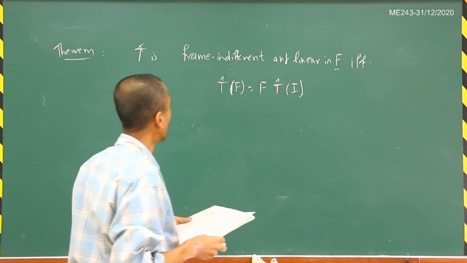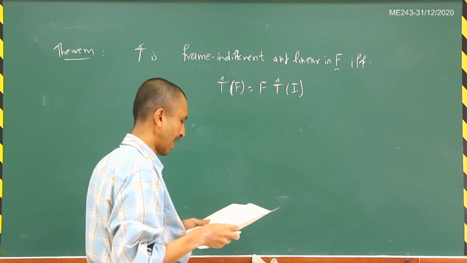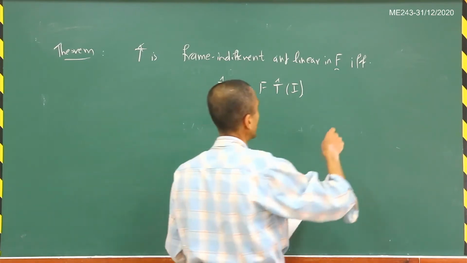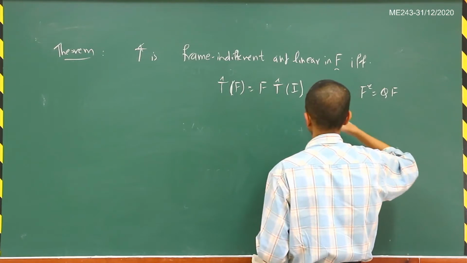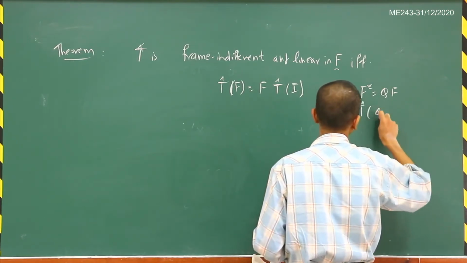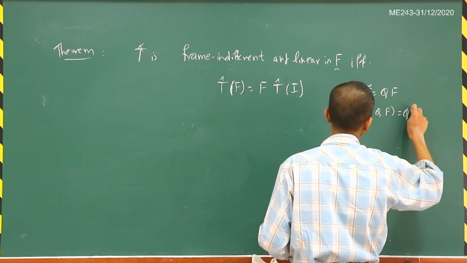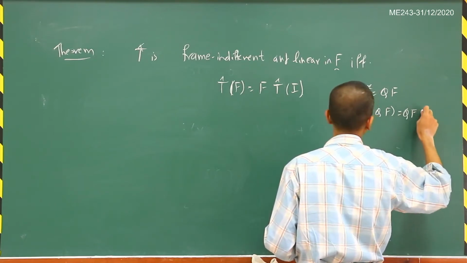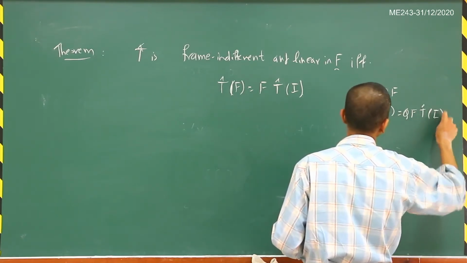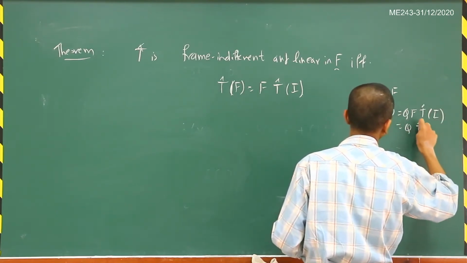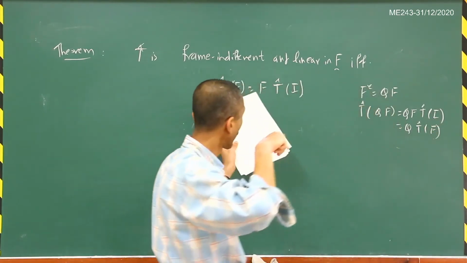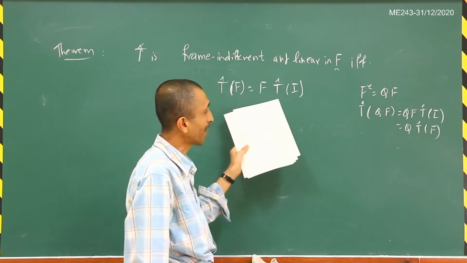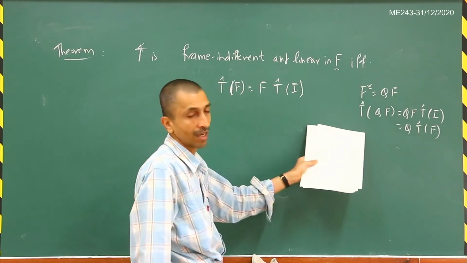Okay, so we can see that F star is equal to QF, correct? And so T hat of QF is equal to Q times F times T hat of I, which is equal to Q times T hat of F. So it is clear that if T hat of F is F times T hat of I, then material frame indifference is satisfied.